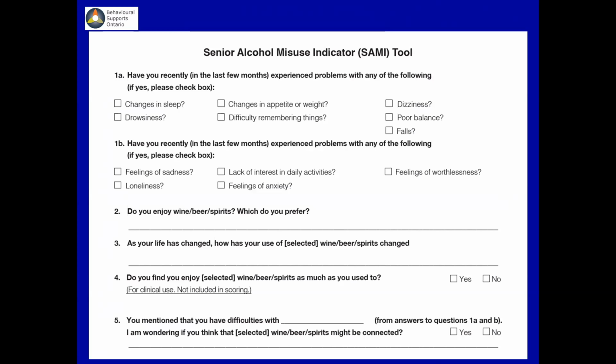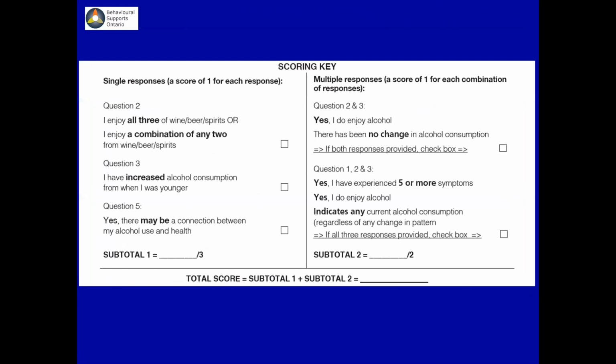That hasn't changed. Just these symptoms have changed. And then that could lead to a discussion about how the physiological changes actually do affect the way you process alcohol, and could have more effect on these symptoms. So really the last question is almost like a brief intervention. It's asking them to consider the connections between their health and their use of alcohol.